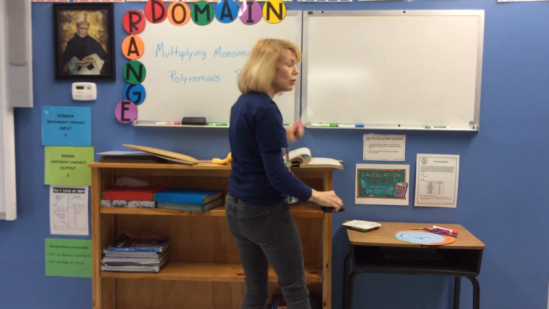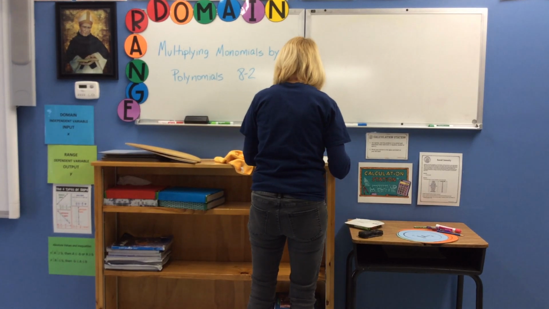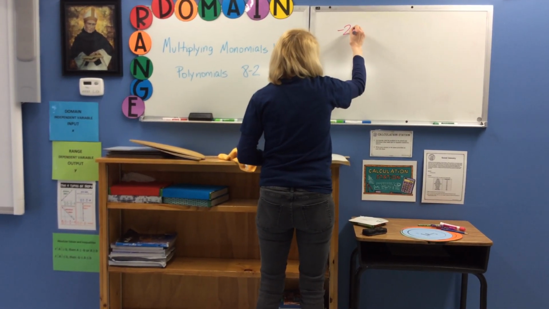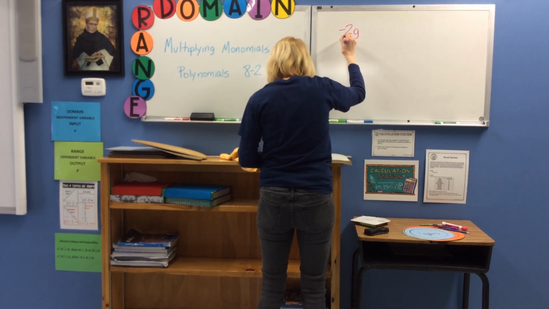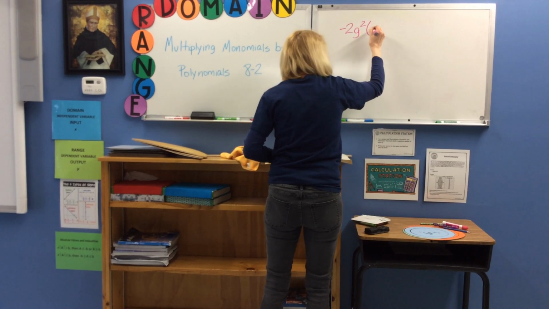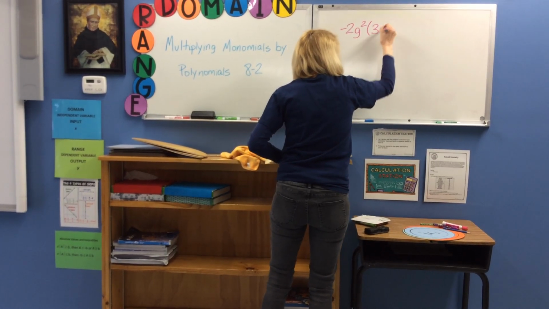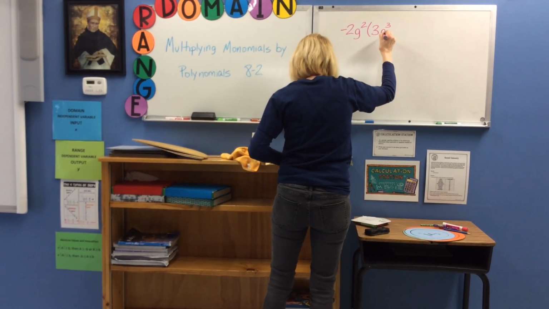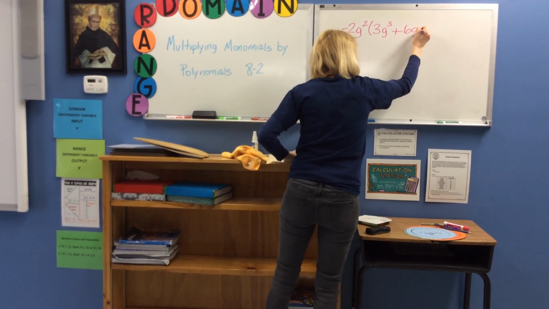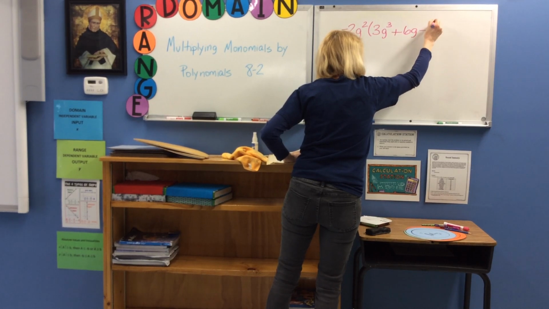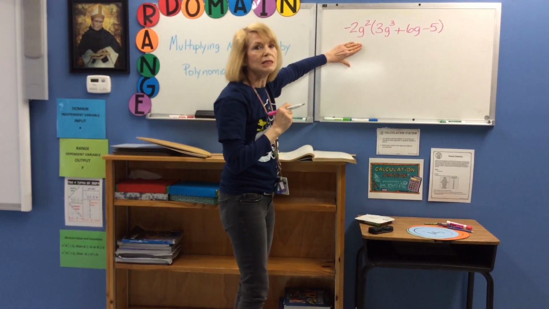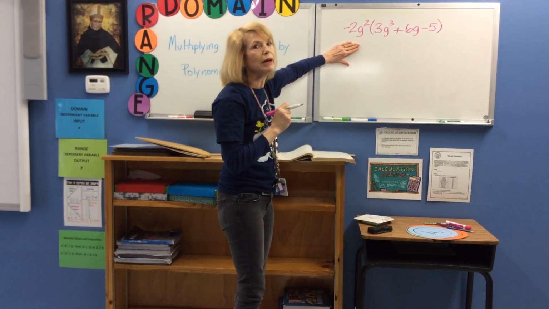I'm going to do one more that has a negative number in it because I know this can be tricky. My monomial in this case is negative 2g squared.